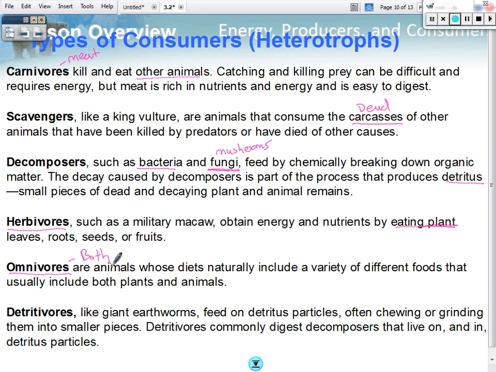And then detritivores, say it with me, detritivores, all right? Giant earthworms, they're the ones, when the decomposers die, they help break them down, all right? Or when the decomposers do their job of breaking down the dead plant stuff, the detritivores help work that through and turn it into usable nutrients back into the soil.